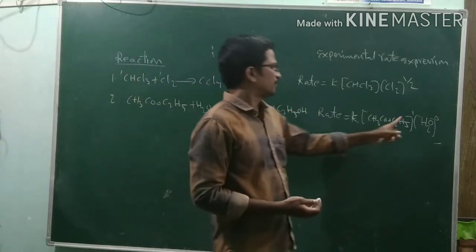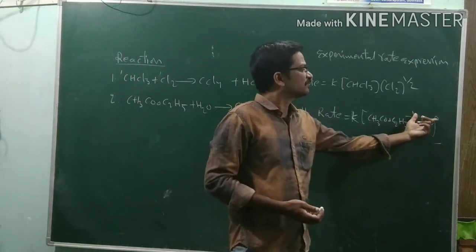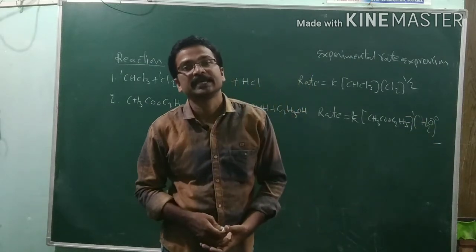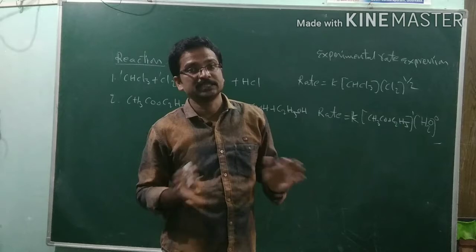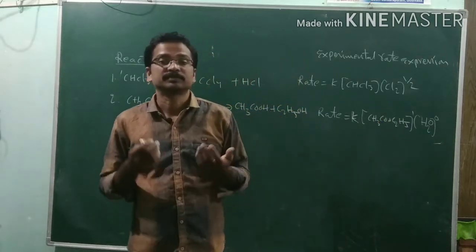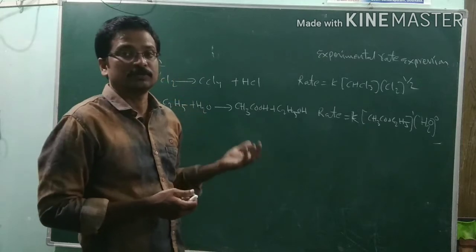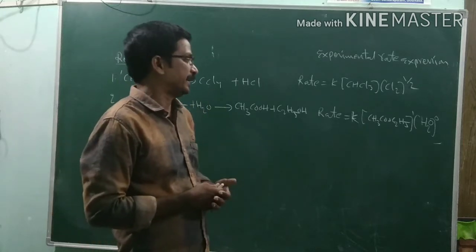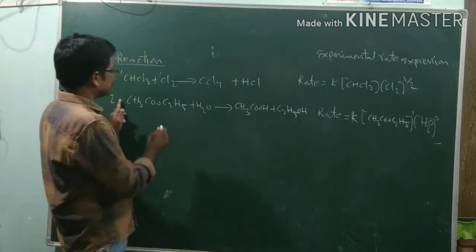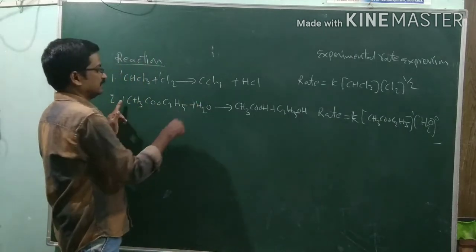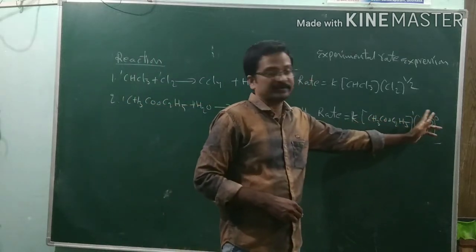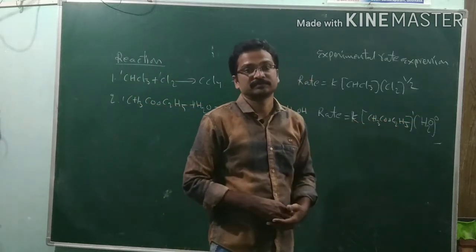How did we find out 1 and 0? These come from the experimental data, not from theoretical values. Finally, the stoichiometric coefficients are 1 and 1, but here the exponents are different: 1 and 0.